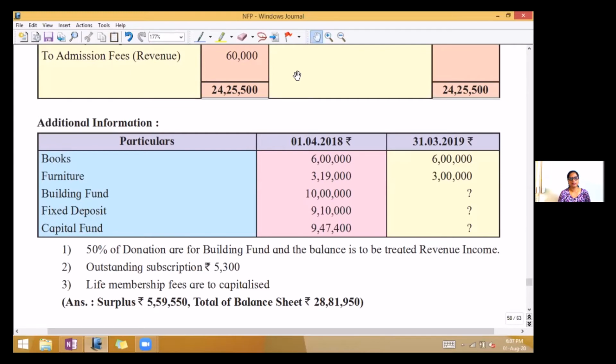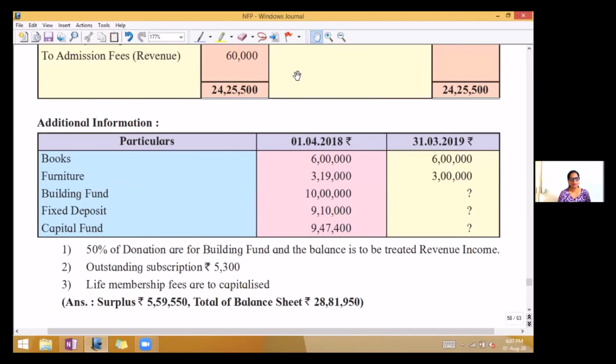Opening balance is 6 lakhs, closing balance is also 6 lakhs. Furniture, asset, opening balance 3 lakh 19,000, closing balance is 3 lakhs. Building fund 10 lakhs, we don't know the closing balances there. Fixed deposit and capital fund.